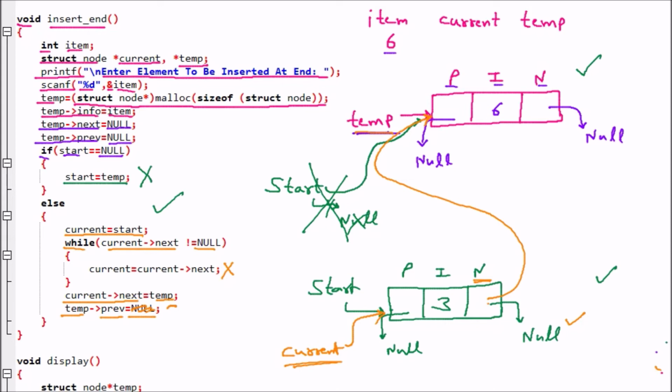It is not null, it is current. So temp previous is equal to current, so this previous part will be current. So here it will be connected like this. With the help of this we can connect a node at the end. You can see that this node is successfully added to the end of our current linked list.